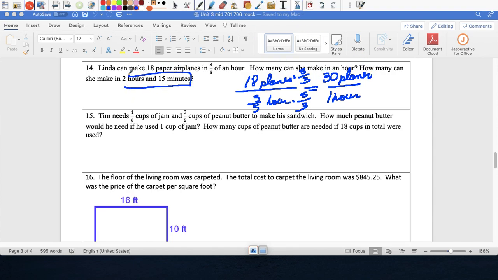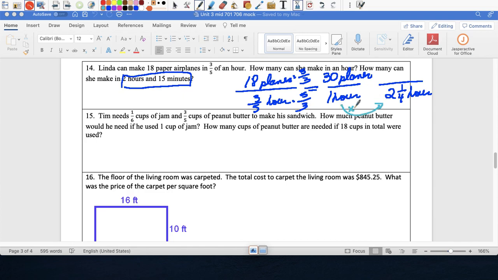So now we want to know how many planes she makes in 2 hours and 50 minutes. Well, 2 hours and 50 minutes is written as 2 and 1/4 of an hour, right? Or 2 and 15 over 60, however you want it. So how did that one become that?